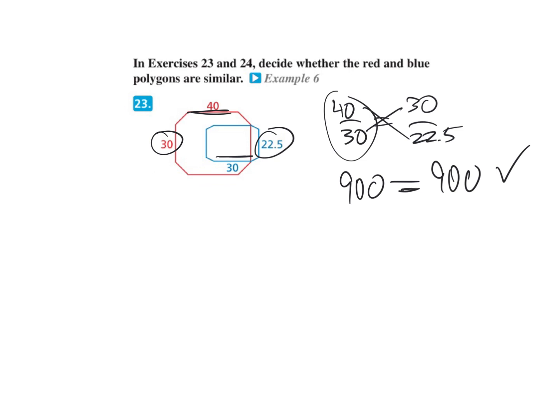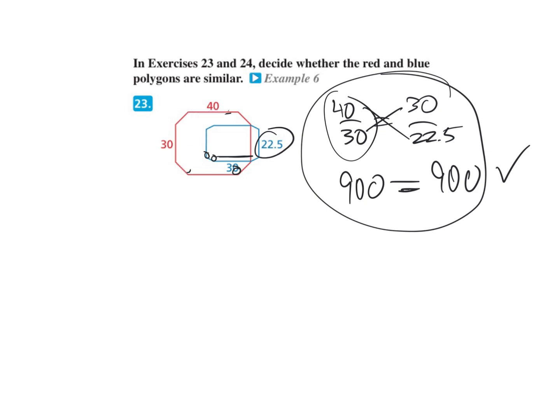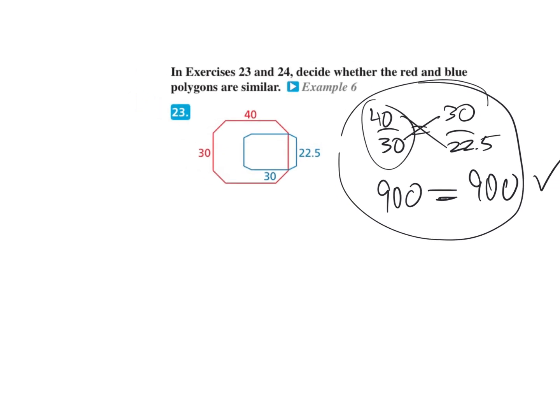But they aren't really similar. We found that the legs are proportional, but these angles are supposed to be the same from the red to the blue. And there's no way. Let me erase a lot of these marks here, and let me blow this up so we can see it a little bit better.